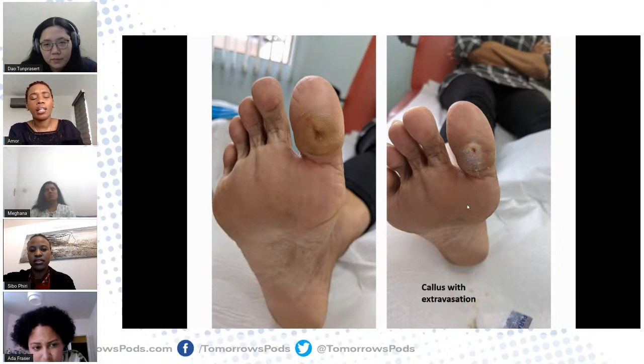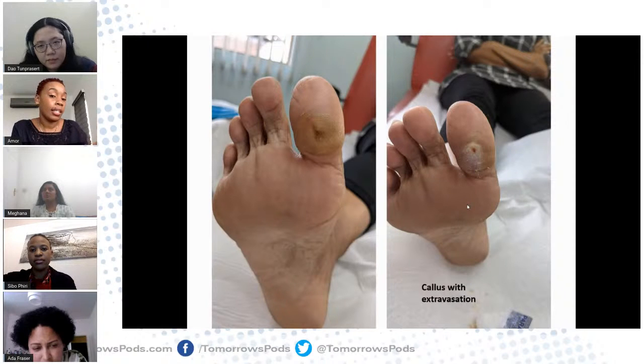So you are more likely to pick up extravasation easier. Another key thing to note is it's on a weight bearing area. She does have hallux rigidus, so that joint, her first MPJ, doesn't move. So she's trying to toe off through her interphalangeal joint there and getting that callus there.